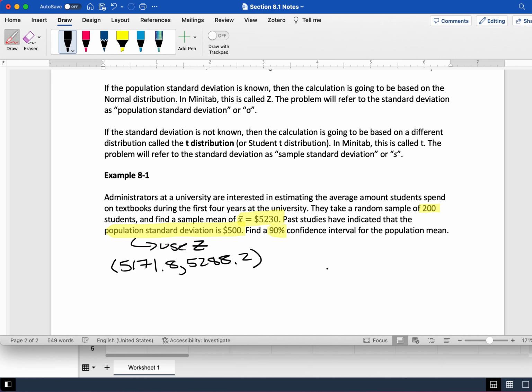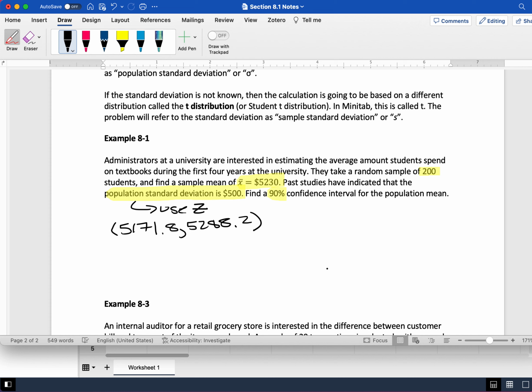Okay, so that's that problem. That means that I'm 90% confident that the true mean of the amount that all students spend on textbooks is somewhere between those two numbers.